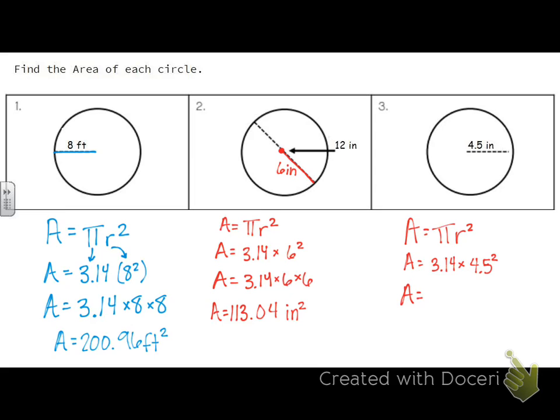So I'm going to type that in my calculator, and I'm going to say 3.14 times 4.5 times 4.5. And that gives me 63.585. My radius is given to me in inches, so my answer will be in inches squared. And that is how you calculate the area of a circle.